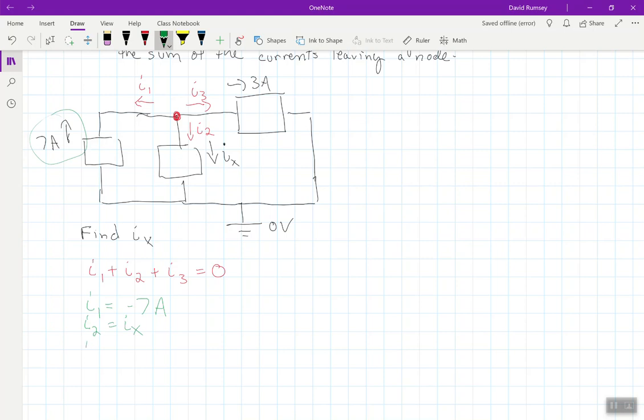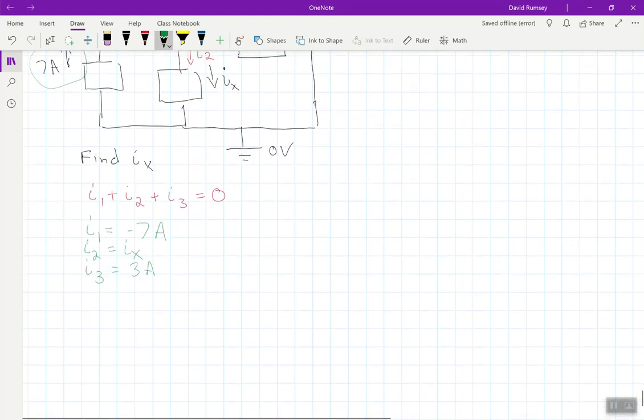And I3 is clearly also going to the right here, which is 3 amps. Now we just plug these into the equation, and we'd get negative 7 plus Ix plus 3 equals 0. Solving this for Ix, we quickly see that Ix is equal to 4 amps. And then we're done with the problem.